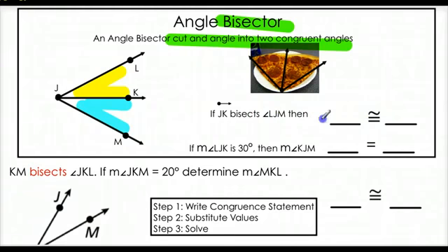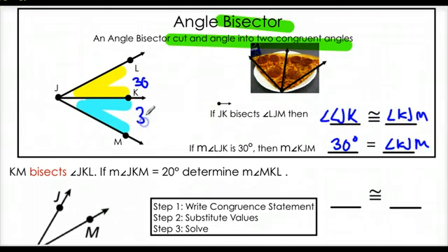This would be angle LJK, that's in the yellow, LJK is congruent to KJM, angle KJM. So if I know LKJ is 30 degrees, right, then I know the angle KJM is also 30 degrees, right?